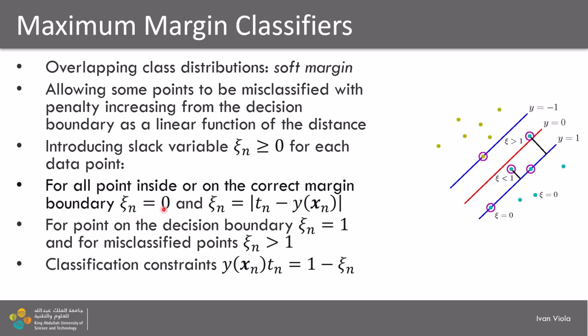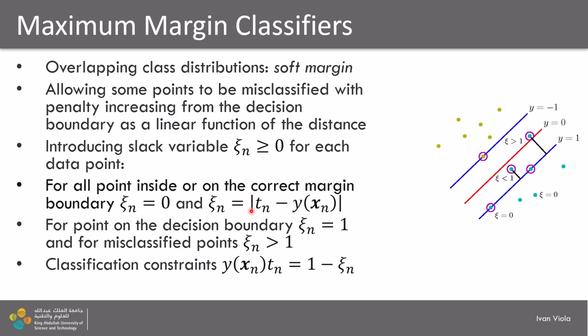And for all the others, which are either within the margin on the correct side or actually misclassified, as for example this point here, then we will have ξn given by |tn − y(xn)|.